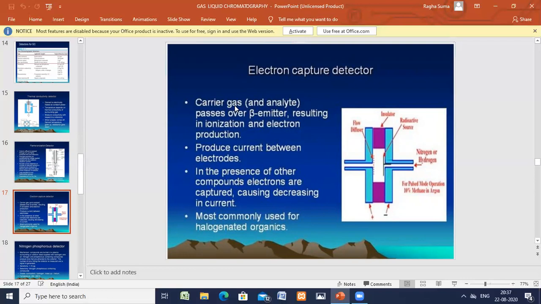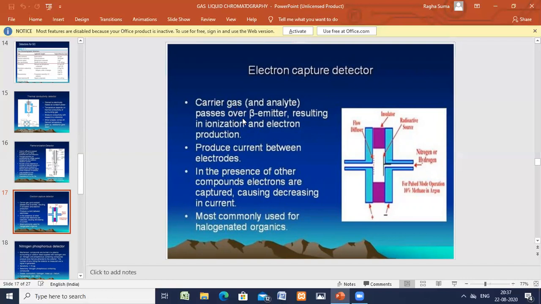This device is used for the measurement of trace environmental pollutants. It is sensitive to halogenated compounds, hence it is used for detection of herbicides, pesticides, sulfur hexafluoride, organometallics, nitrogen dioxide, sulfur dioxide, and so on.